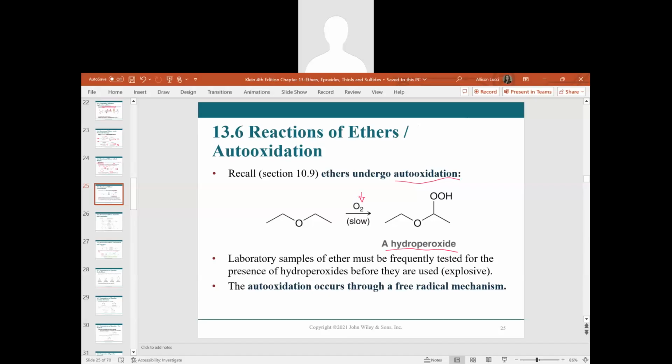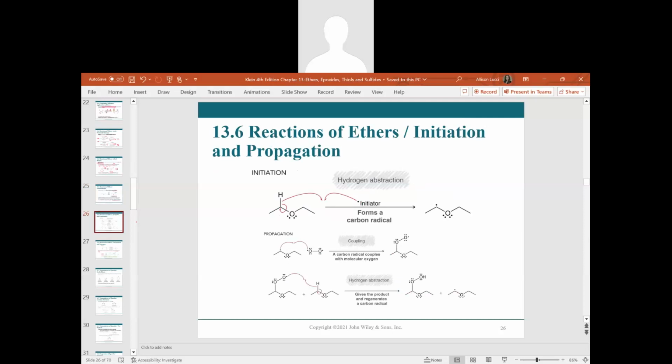So this is actually occurring through a free radical mechanism, which O2 exists as a free radical, but we would have an initiator of some source here that would perform this hydrogen abstraction and produce this carbon radical here that we see. And then that would react during the propagation step with the atmospheric oxygen here.